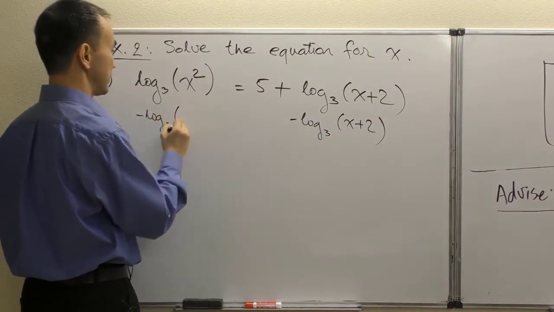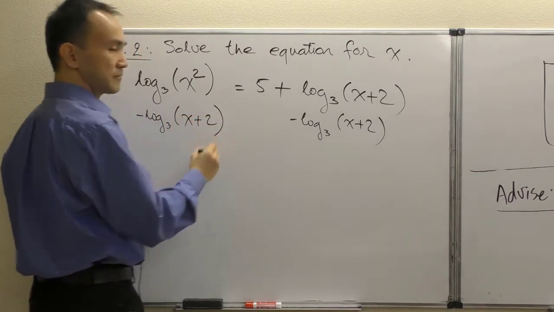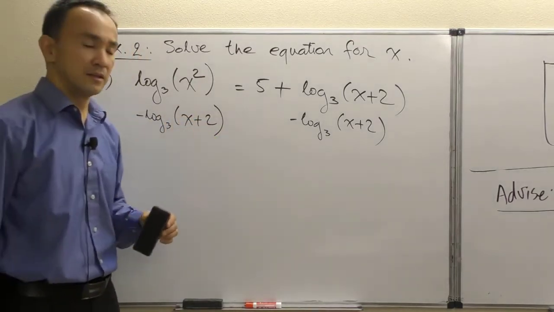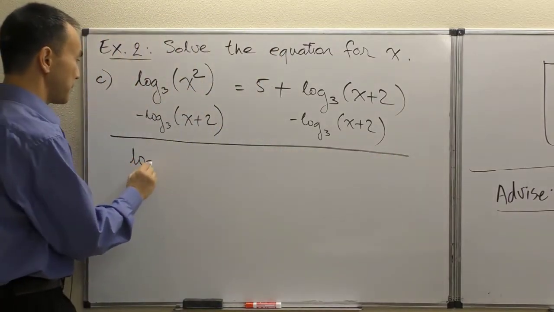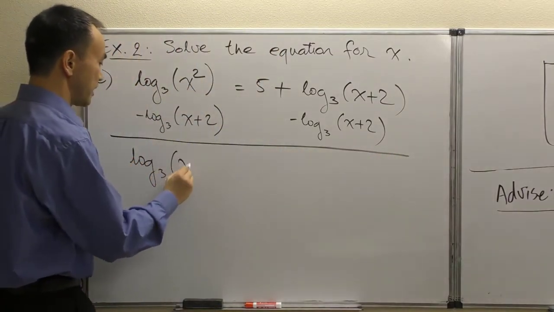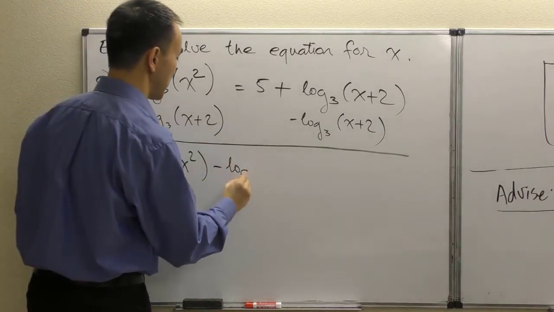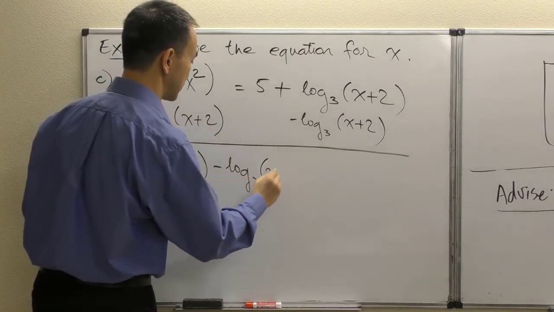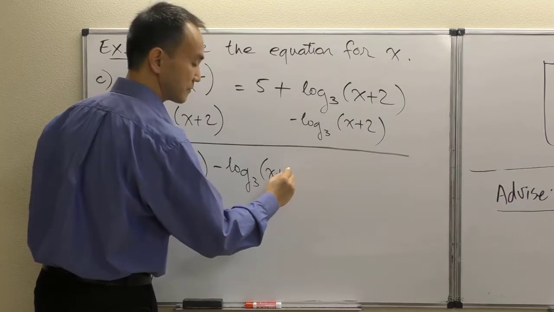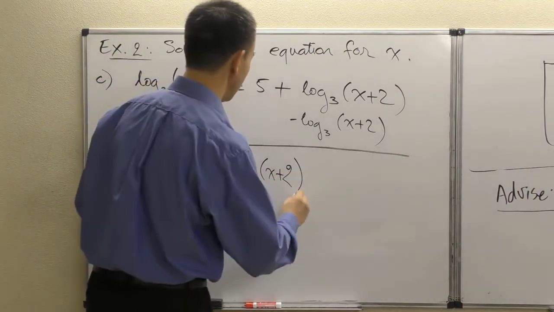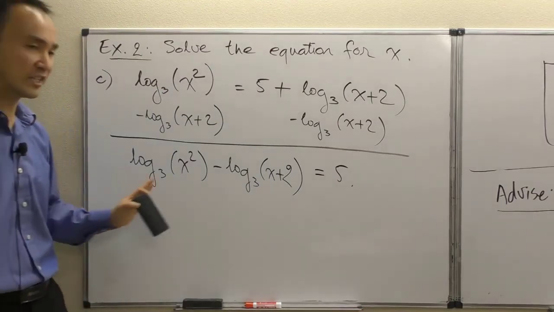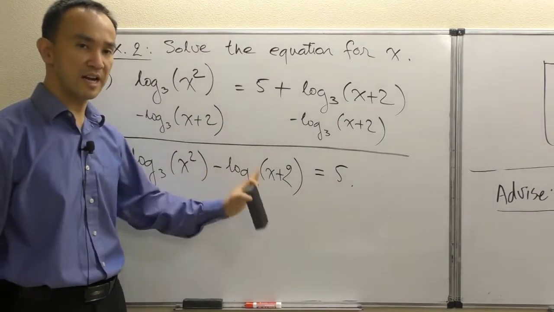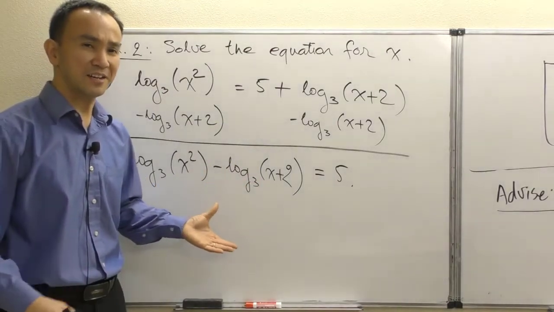Consequently, I end up with the following equation: log base 3 of x squared minus log base 3 of x plus 2 equals 5.